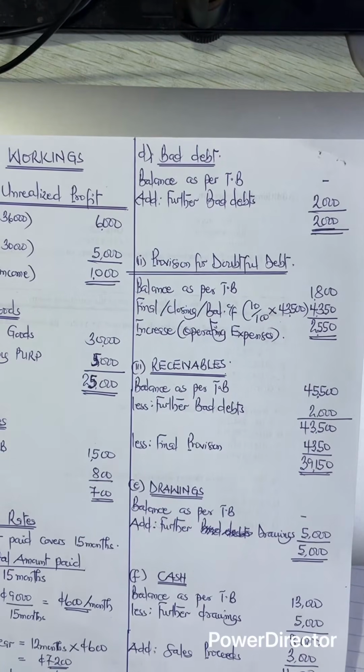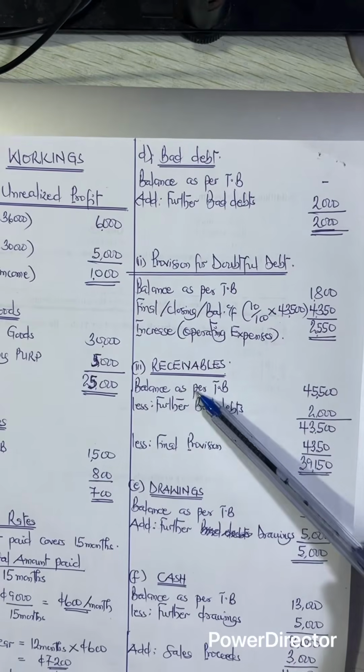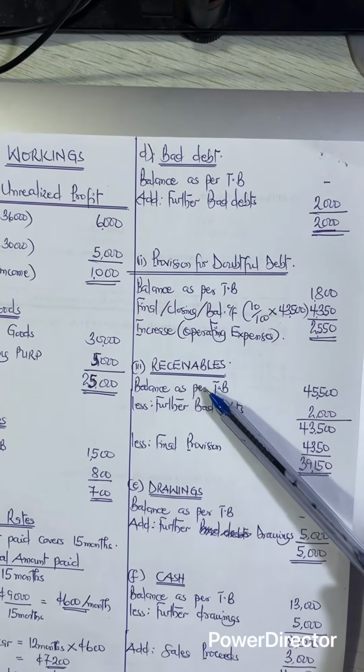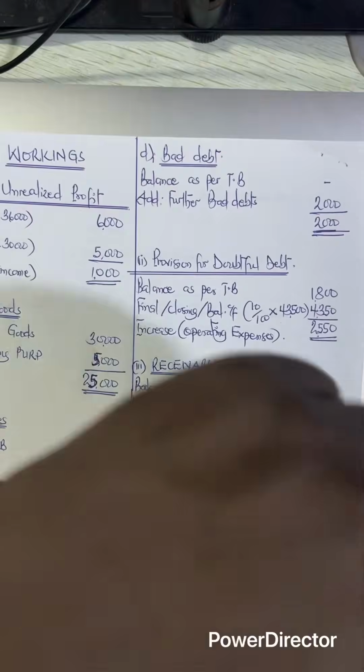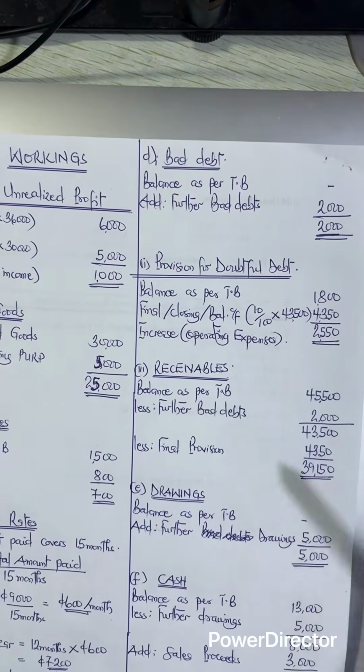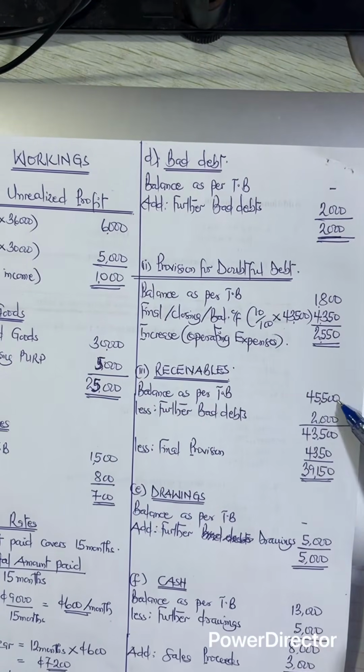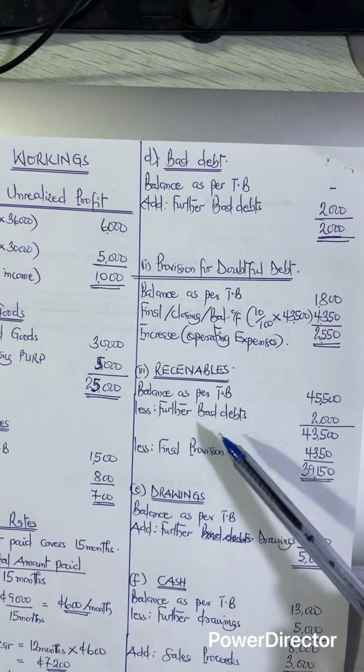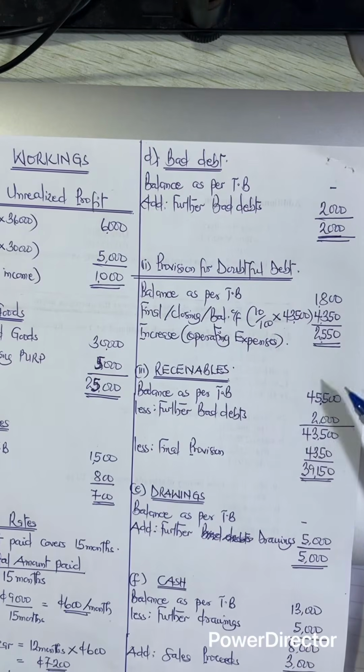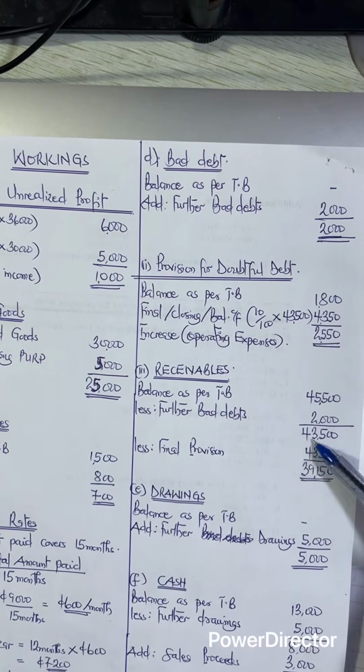Then we come to the additional information that D, provision for bad debt is to be made 10% on outstanding good debtors. Good debtor is the same as receivables. So first of all, you have to come to the receivables. The receivables that we have per the question is 45,500. Since there's further bad debt, we must deduct the further bad debt to get the good or outstanding receivables or debtors.